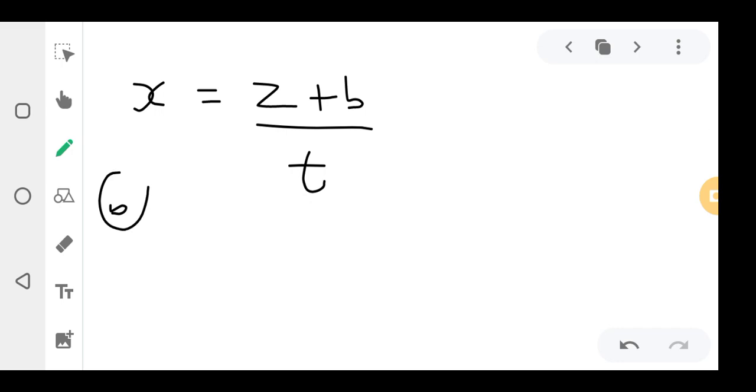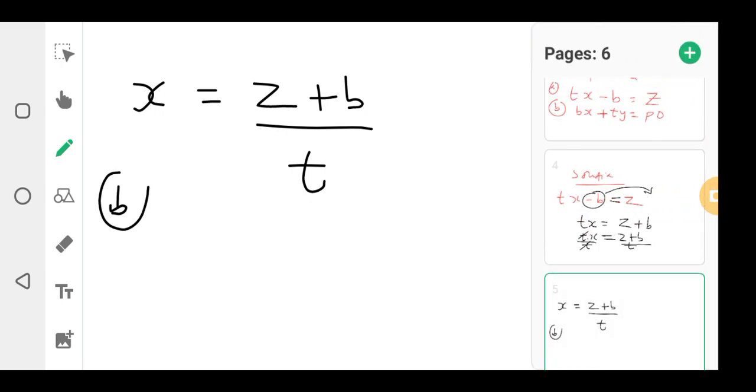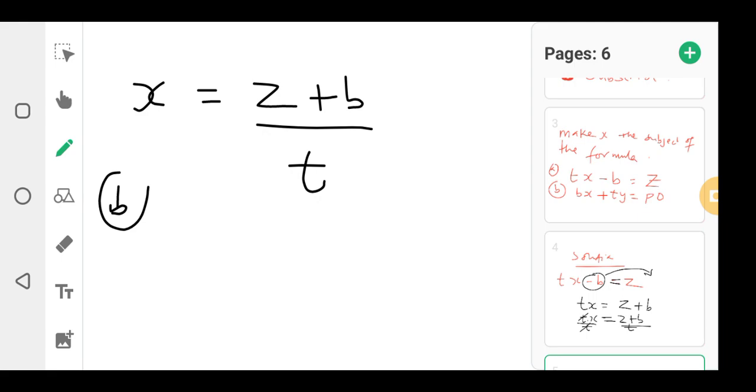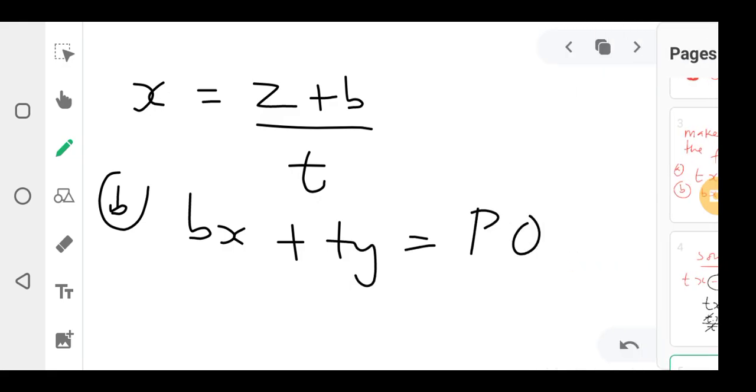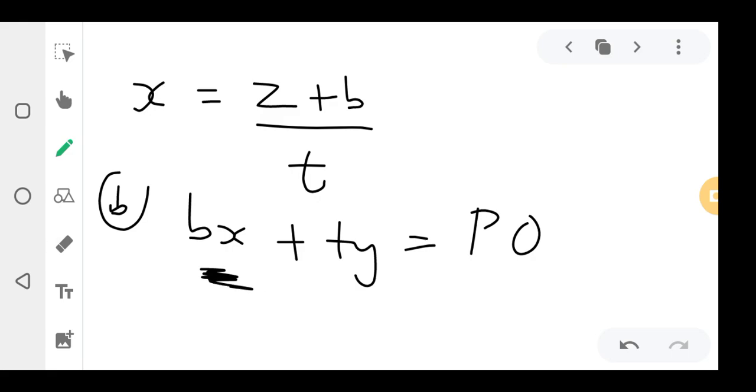Question B. Question B was what? bx plus ty is equal to po. We're making x a subject. So the term with bx will remain since there's only one x. The one that has no x will cross.